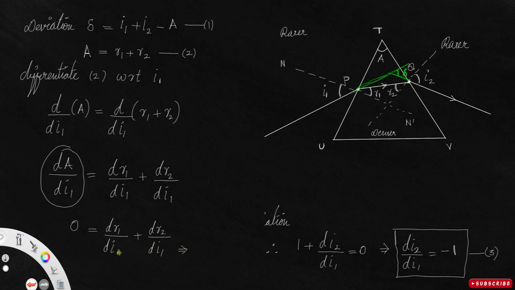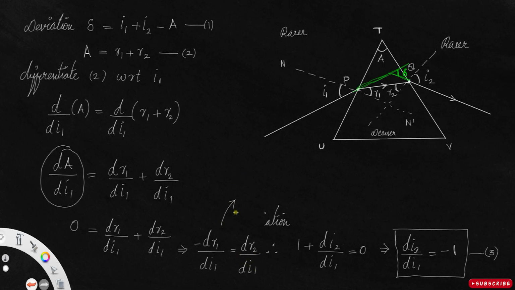Implies, taking this term to the left, you will get minus dR1 by di1 is equal to dR2 divided by di1.